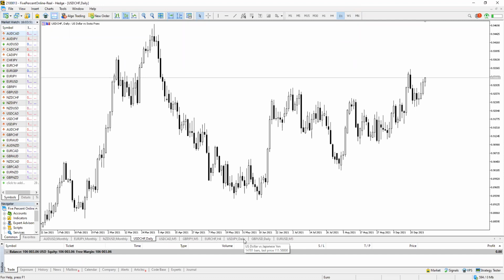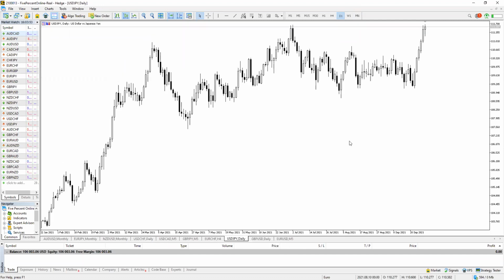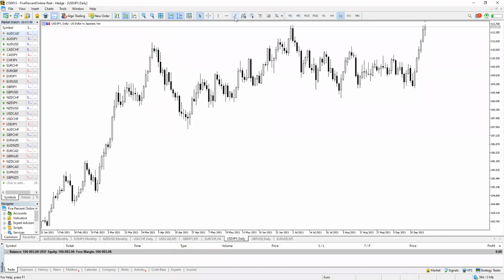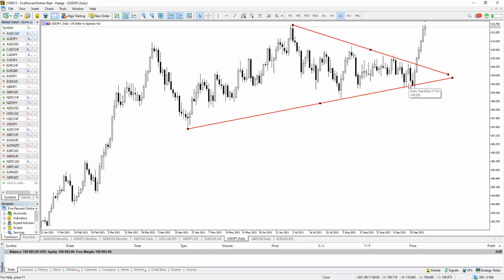But let's refer to the USD JPY, because we were analyzing this kind of structure here, a triangle forming, and price started compressing in this channel. Sometimes you have mentors trying to teach you how to trade these figures.